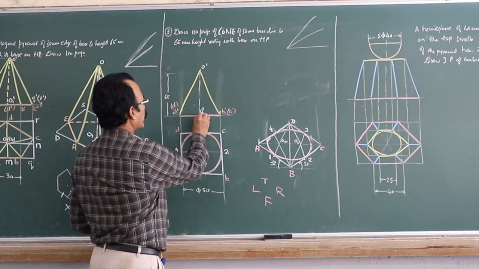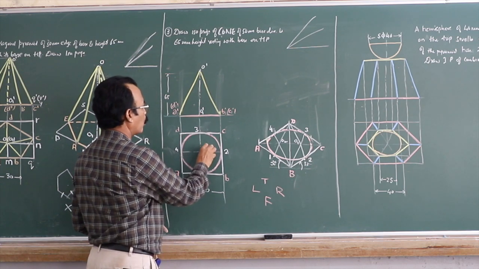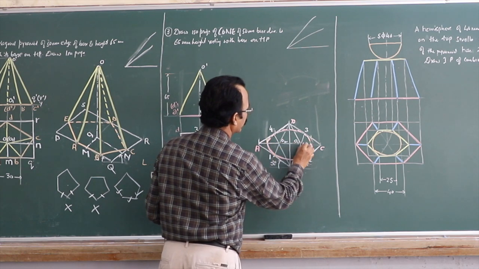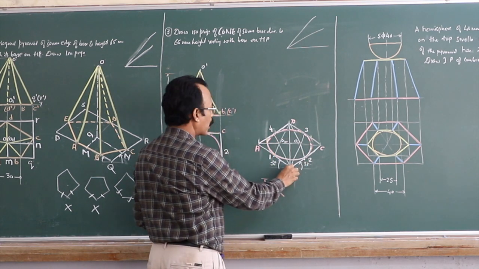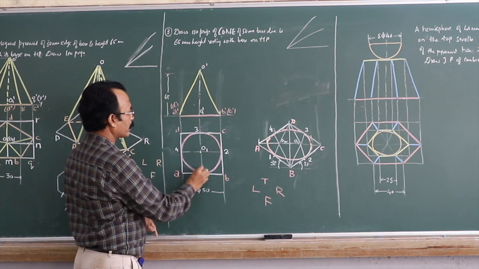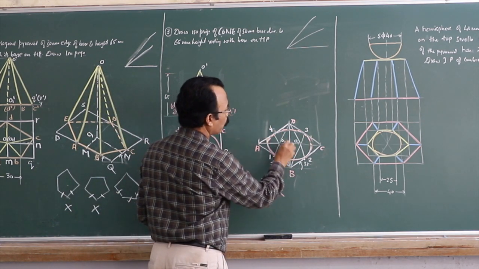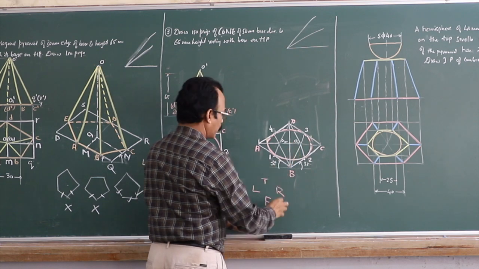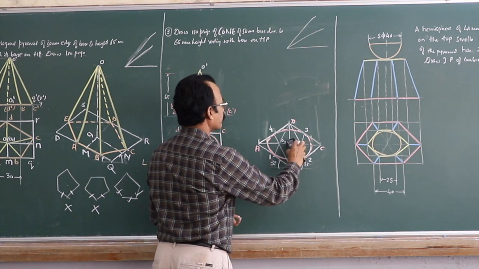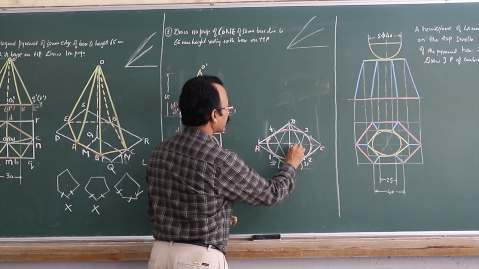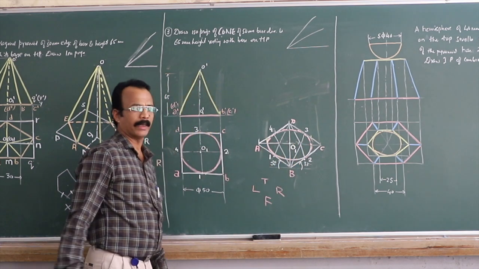Then you locate this center point O1. The center is nothing but wherever the two diagonals meet, or if you connect 1, 3 and 2, 4, you will get this base center, call it O1 there, right?